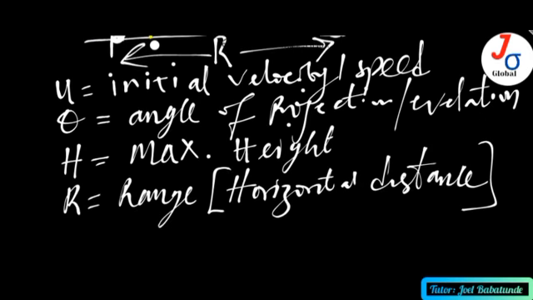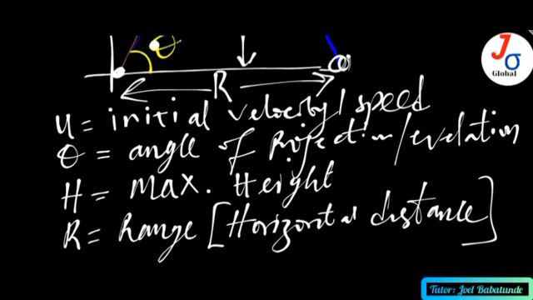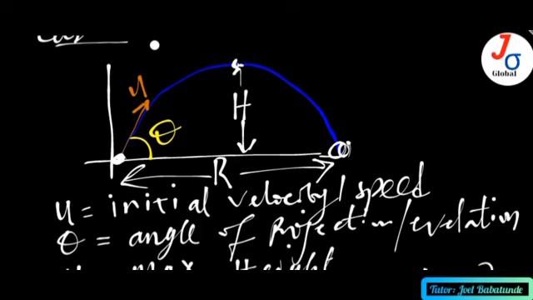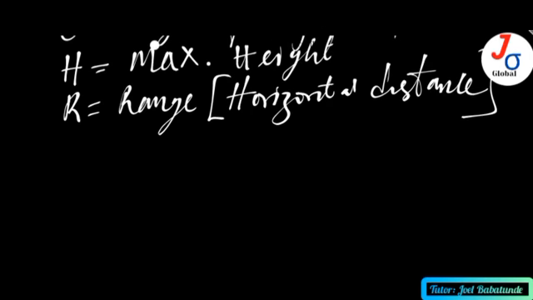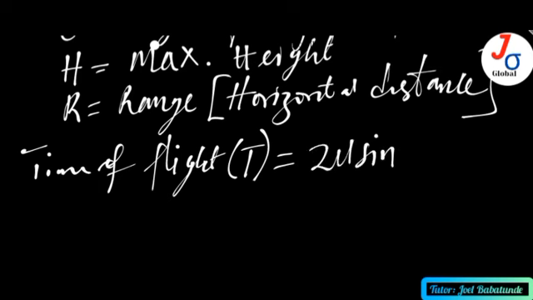The first is when you are asked to calculate the time of flight. That means how long it took this object, projected from the ground level, to travel and come back down to the ground. To calculate that time of flight, capital T, the formula is given as 2u sine theta over g.